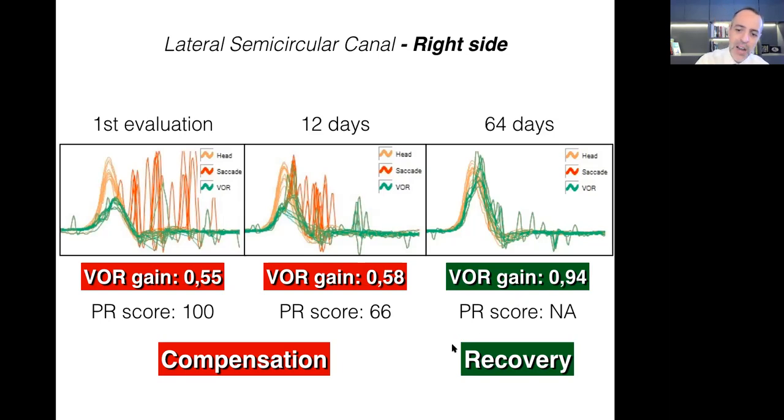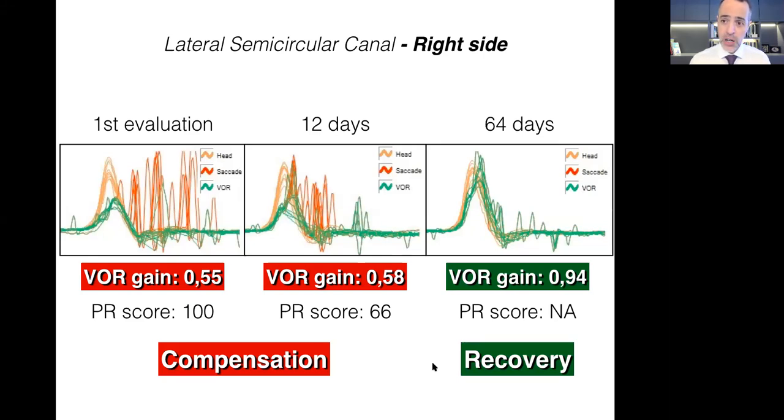So I can tell you that after 12 days, the patient was partially compensated, and after 2 months, he just recovered the function of the vestibular nerve. So right now, I tell my residents and my fellows that much more important than the VOR gain are the saccades.